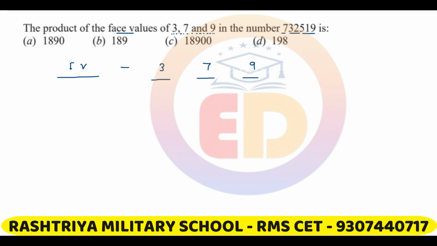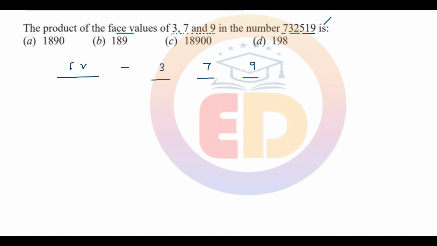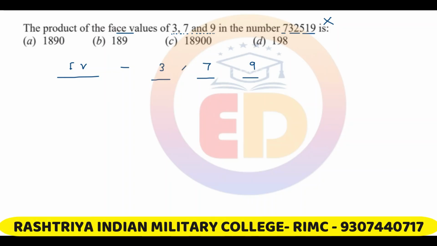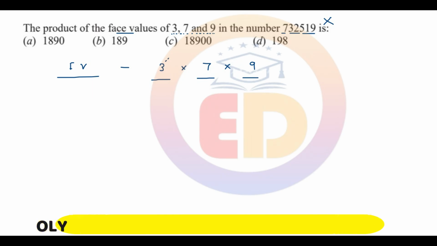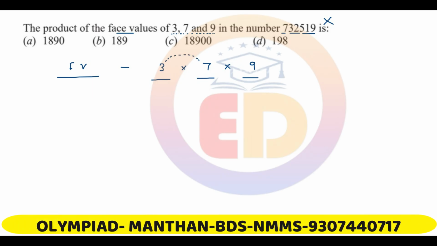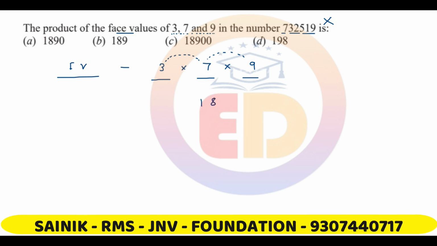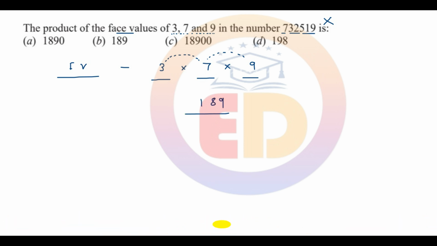So we don't need this number 7,32,519. This number is irrelevant. Let us multiply them straight away. 3 into 7 is 21. 21 into 9 is 189. Answer is option number B.